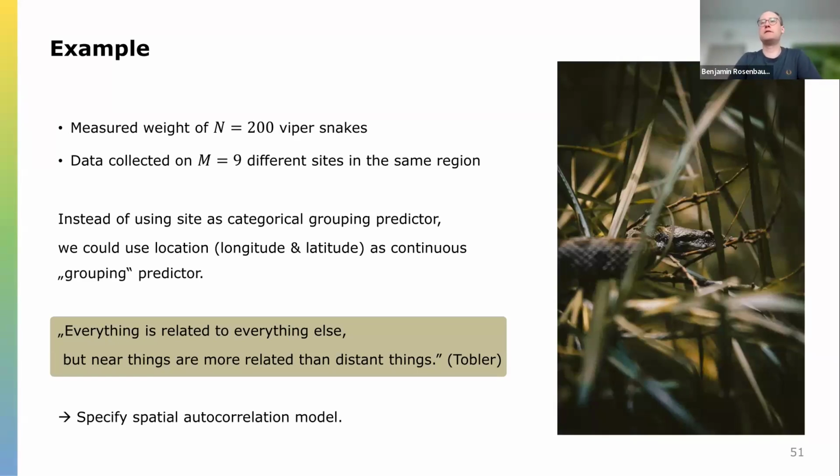There are several ways, but you could also model this in this hierarchical framework. And here, this quote by Tobler, I think it's called the first law of geography: everything is related to everything else, but near things are more related than distant things. And here you would use a spatial autocorrelation model.